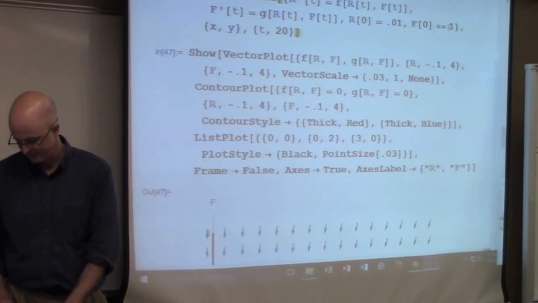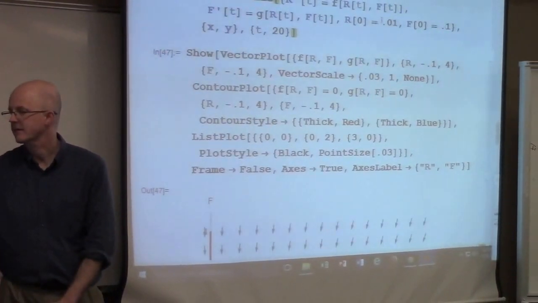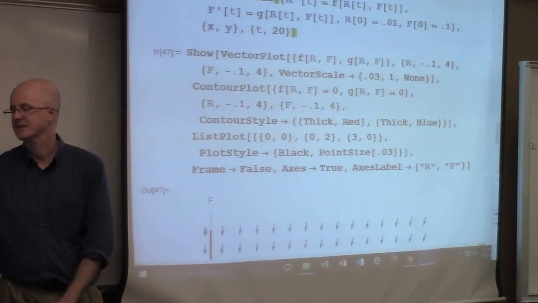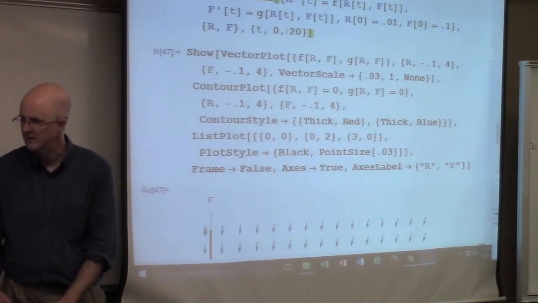Give that a try. So this is in thousands, so I guess that would be 10 rabbits. This is in hundreds, so I guess that'd be 10 foxes. Solve for R and F. T goes from 0 to 20. It just puts a 20 in here. I like adding the 0 in there.